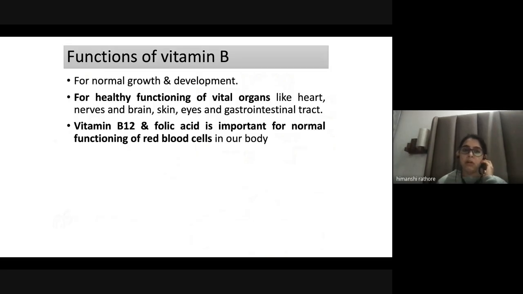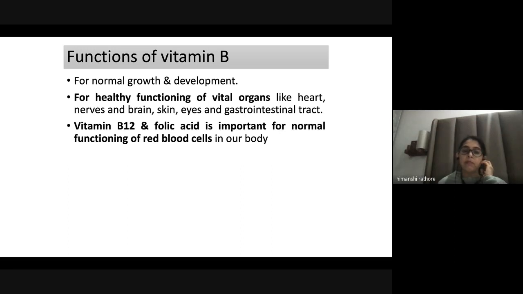Now, what are the functions of vitamin B? Simple: for normal growth and development, and for healthy functioning of vital organs like the heart, nerves, brain, skin, eyes. For all organs, vitamin B is required, and vitamin B12 and folic acid are important for normal functioning of red blood cells, which carry hemoglobin.